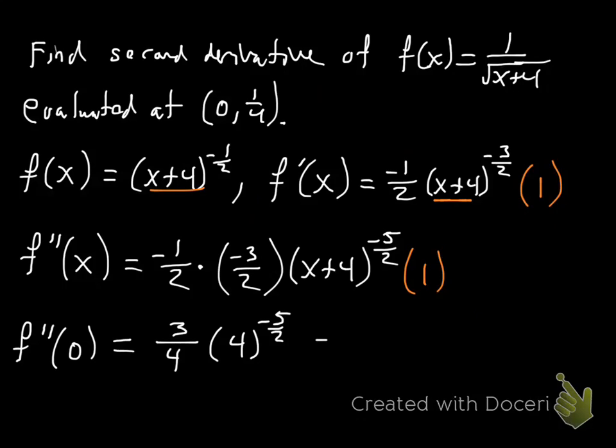And then I'm going to go ahead and evaluate it at 0. So we get 3 over 4 times 1/32, which would be 4 to the negative 5/2 power. So at 0, the second derivative is 3 over 128.